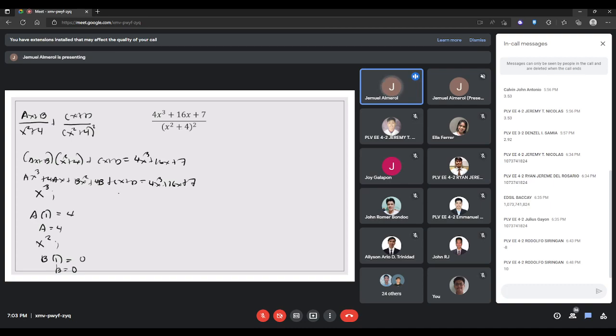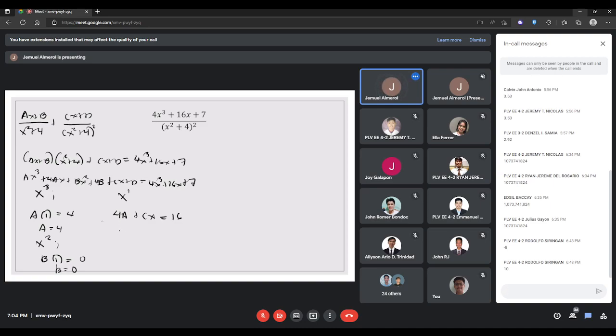Next, x to the first power. So meron tayong 4a. Plus cx equal to 16. Kaya ang a natin 4.